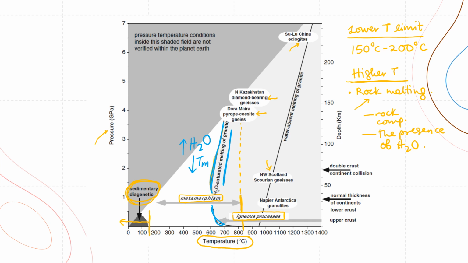This one here is water absent, so no water, and you can see that it has a higher melting temperature. So hopefully that helps to illustrate the relationship between the upper limits, the presence of water, and the different types of processes involved.